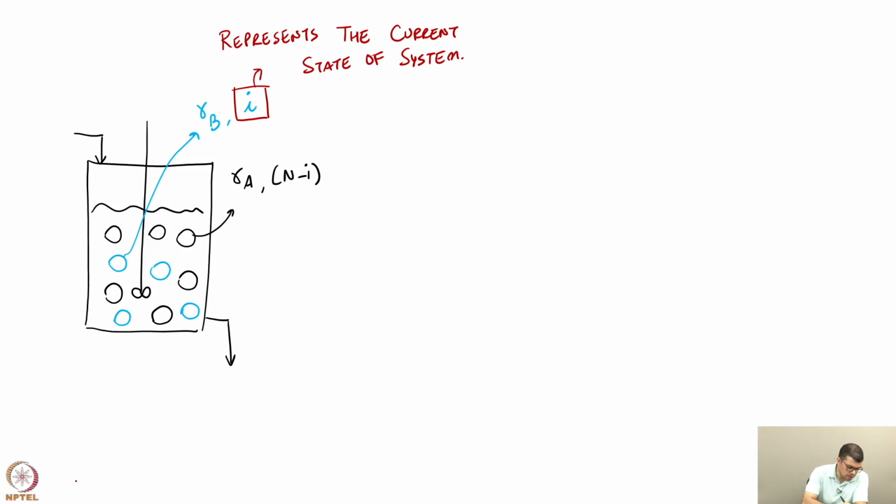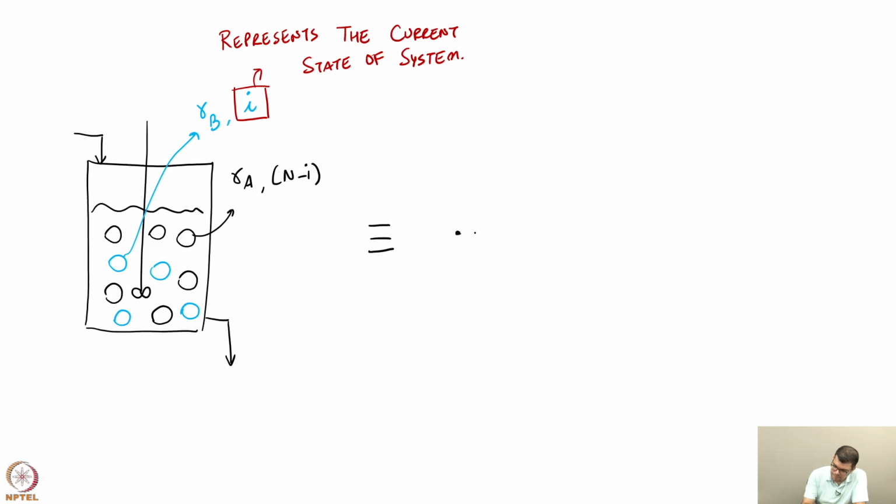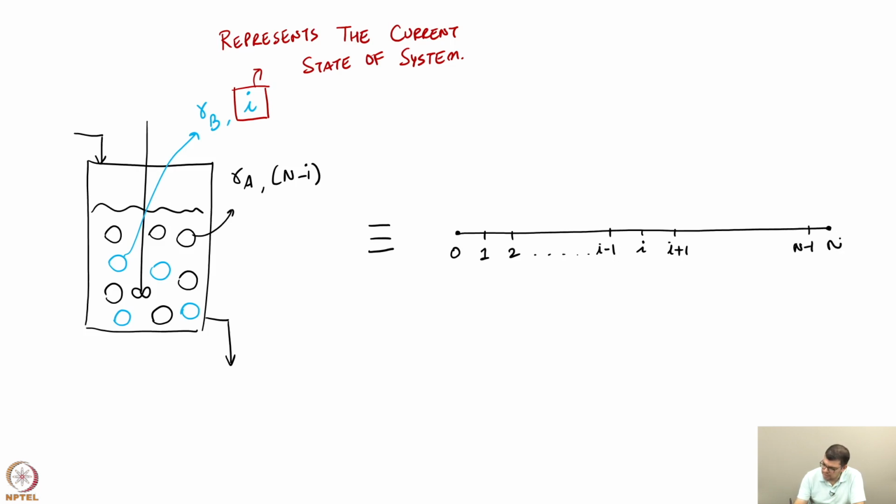So what I want us to do is think of this system in the following number line system. Imagine this number line which has numbers going from 0, 1, 2, going all the way to, let us say, I at some place, I plus 1, I minus 1, and going all the way to n minus 1 to n.